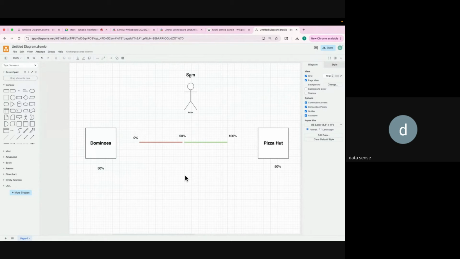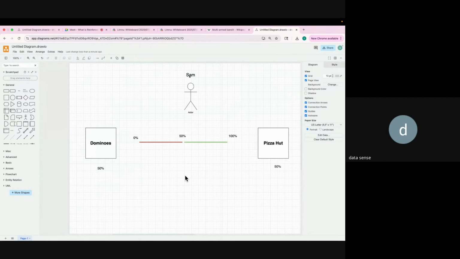Now, initially, suppose Sam has to decide which place to go, Domino's or Pizza Hut. Right now, because he has zero bias, can I say that he has equal probability of going to either Domino's or Pizza Hut? Yes. So how will he decide which place to go?